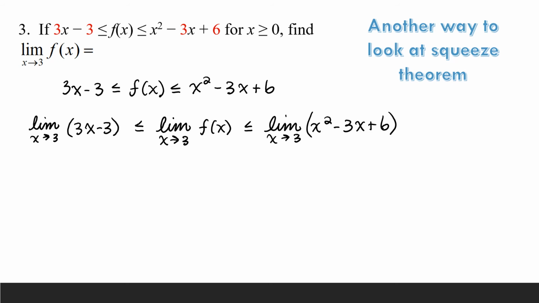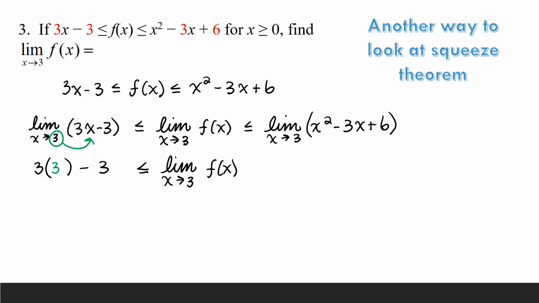Then we can evaluate the limit for each piece. So we have the limit as x approaches 3 of 3x minus 3, and we can use direct substitution there. So we have 3 times 3 minus 3 is less than or equal to the limit as x approaches 3 of f of x.